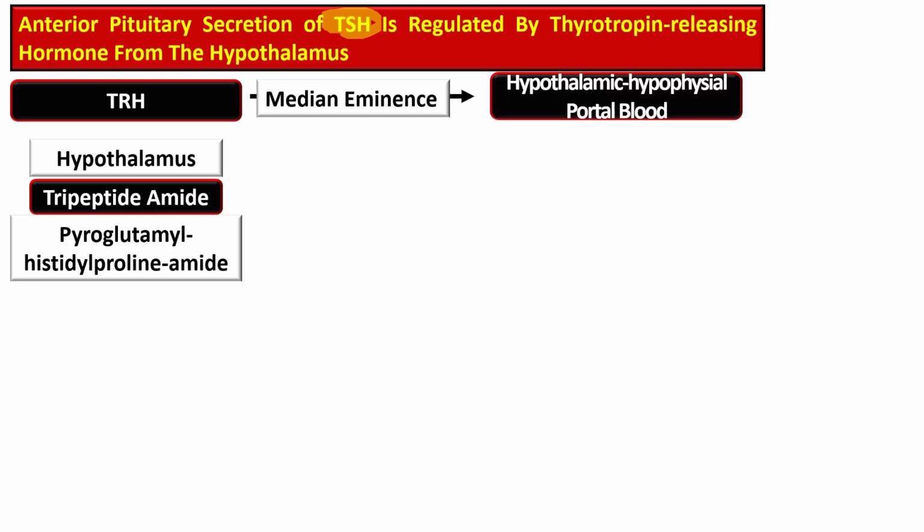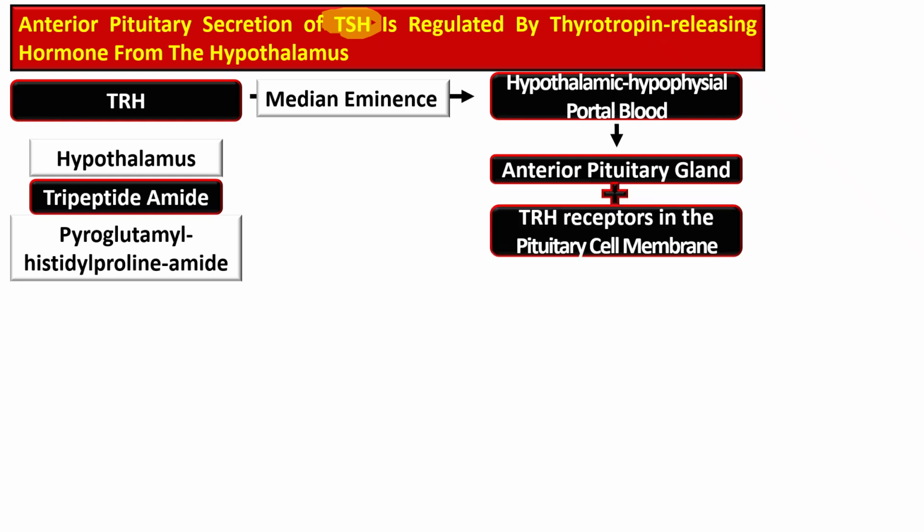This TRH is transported via the hypothalamic hypophyseal portal system to the anterior pituitary, and it is a small tripeptide, pyroglutamyl histidyl prolinamide. The thyrotropin releasing hormone binds to TRH receptors that are present on the thyrotropes, the anterior pituitary cells that are responsible for the secretion of TSH.